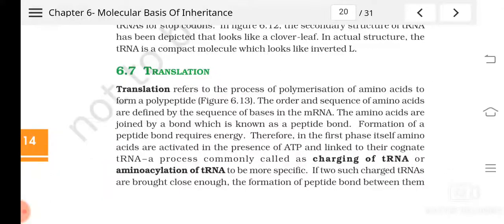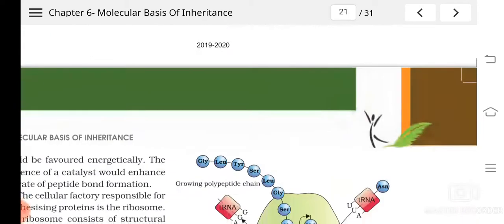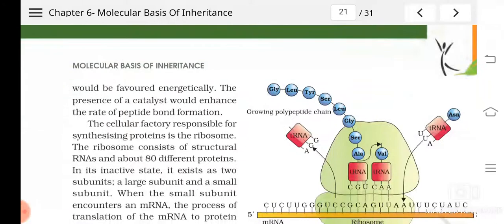Amino acids are charged by reacting with ATP, and they are linked to their own tRNAs. Understood? This is called charging of tRNA.